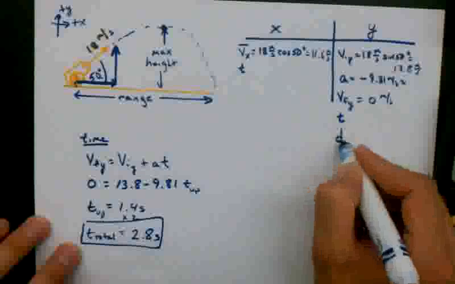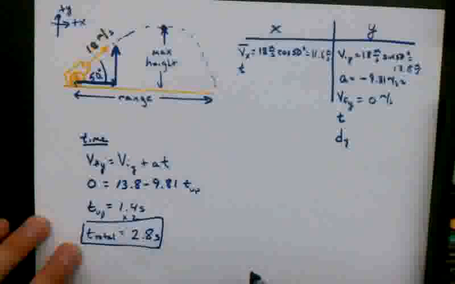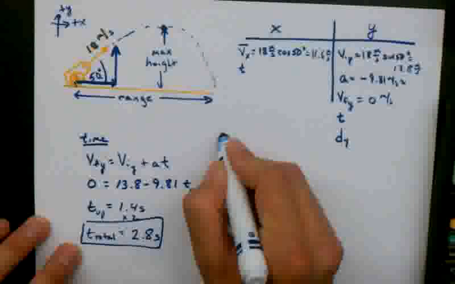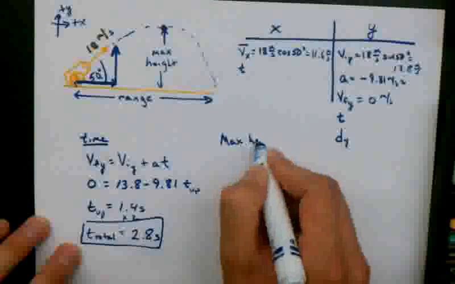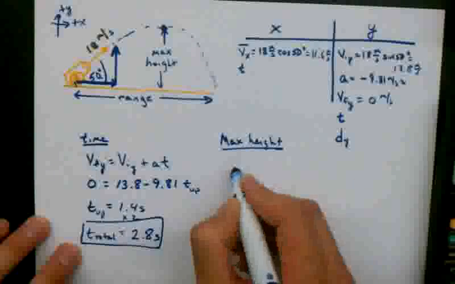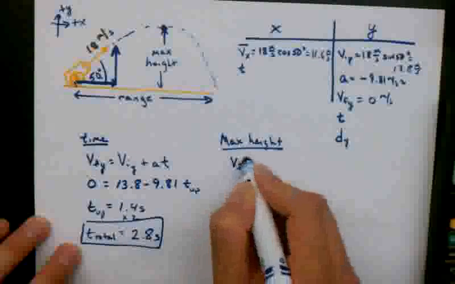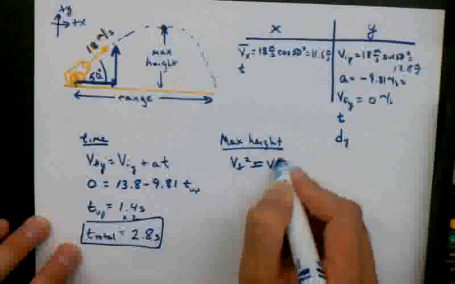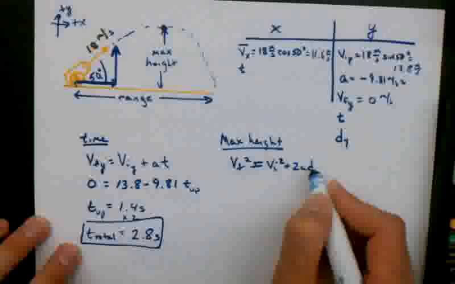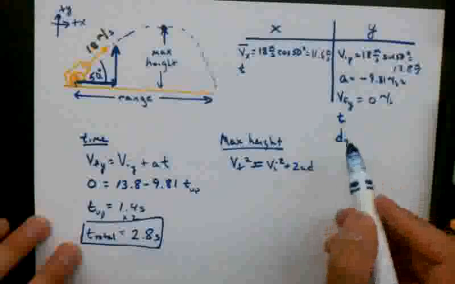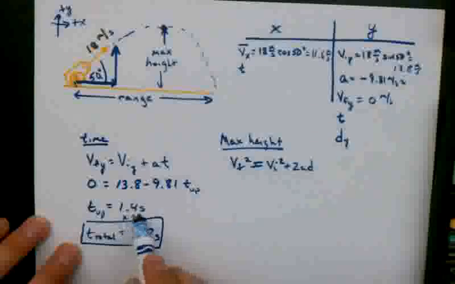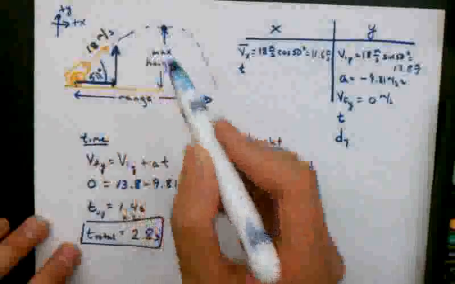I could also find the maximum height by finding dy. So I would choose to use Vf squared equals Vi squared plus 2ad. There are several other ways you can do it using time, but if you're going to use time, make sure you use 1.4 seconds. That was the time it reached its maximum height.